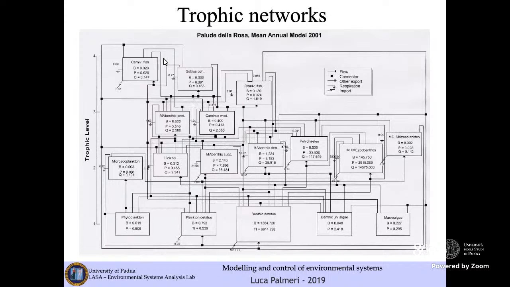This way of describing the network of exchanges of nutrients in a trophic network is very filled with information. For example, the first piece of information is the displacement among the different trophic levels of the different species in your system.